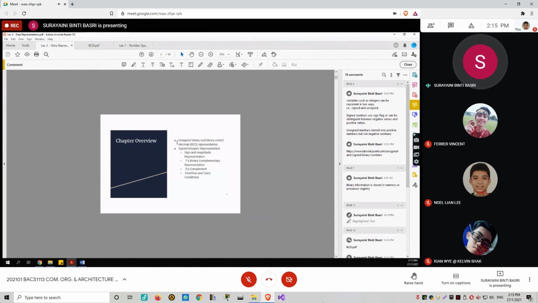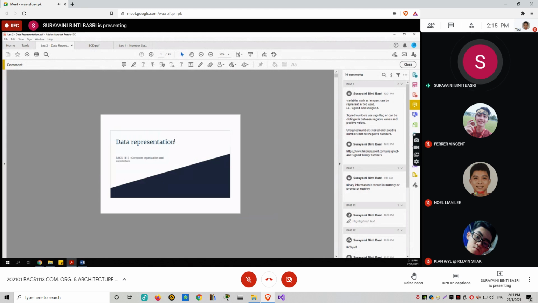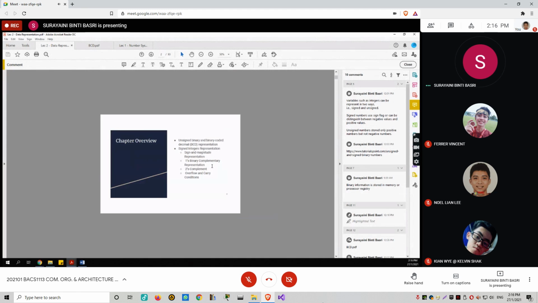This is the topic that we will cover in this chapter, which is data representations. The topics covered are unsigned binary and binary code, binary coded decimal representation, and then we will learn about signed integer representations.